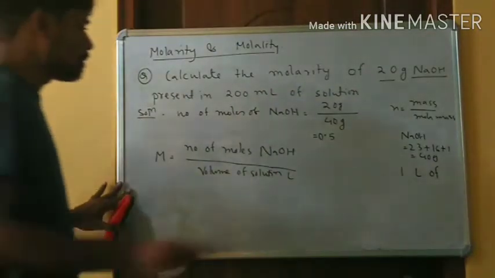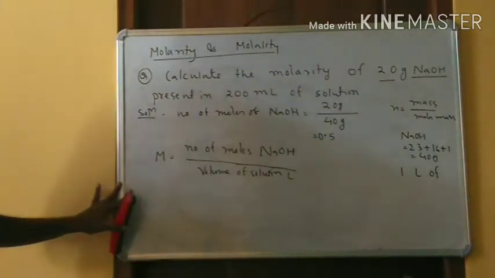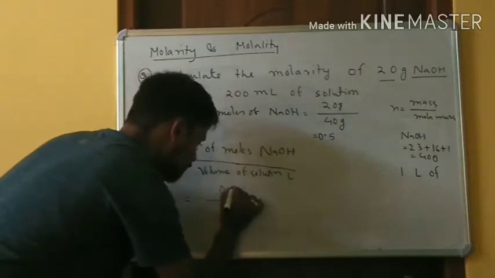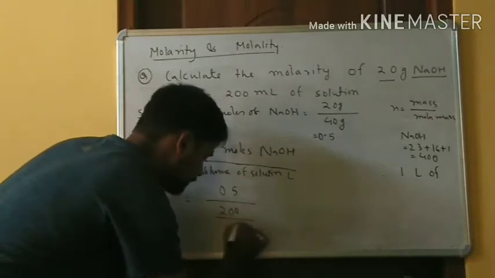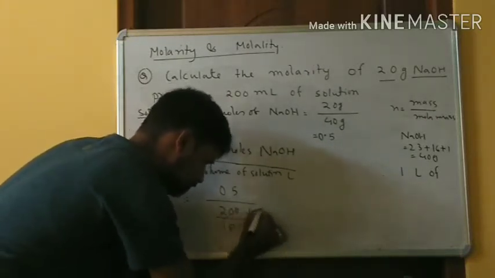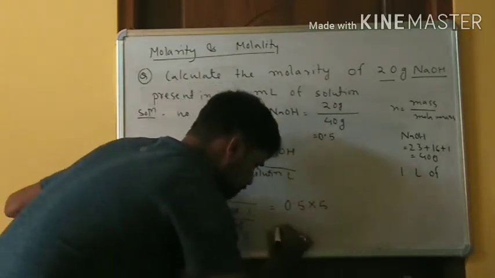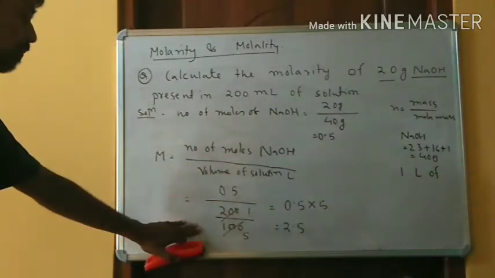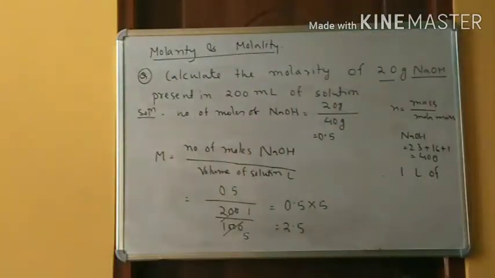Since the volume of solution is given in ml, we have to convert 200 ml to liter. So molarity will be 0.5, the number of moles, divided by 200 ml by 1000, so the molarity will be 2.5 M. You note it down.